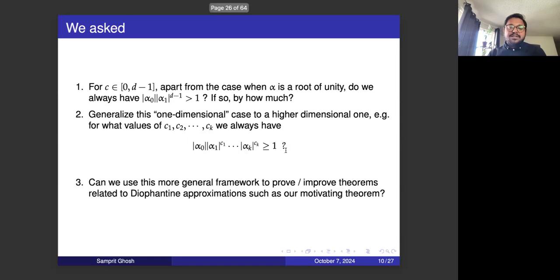And then the third question is, can you then use this more general framework to improve theorems related to those Diophantine approximations? Now, in this paper, we have answered questions 1 and 2. Question 3 is a bit more challenging, and question 3 is still sort of a work in progress.